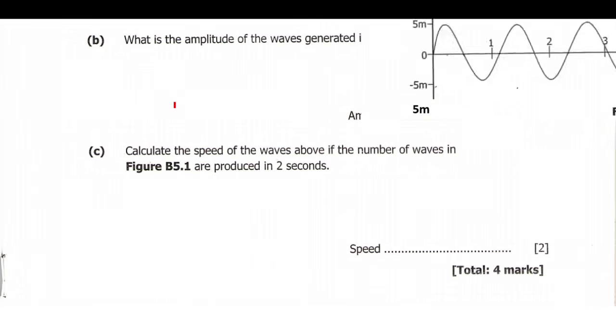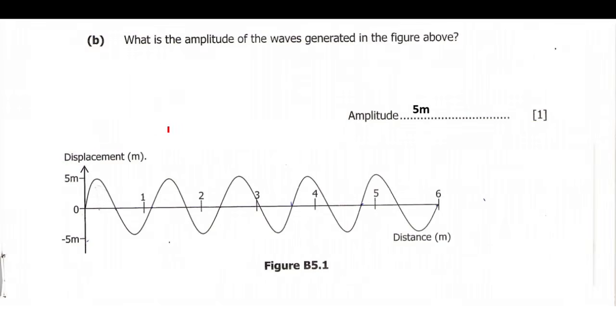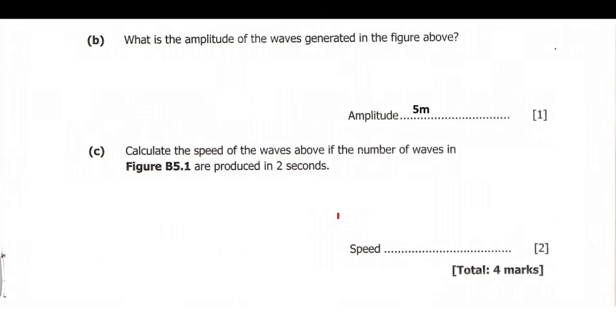So let's go back again to the figure. Here we want to know the wavelength, or the distance that these waves covered, for us to know the speed, because we know speed is equal to distance divided by time.